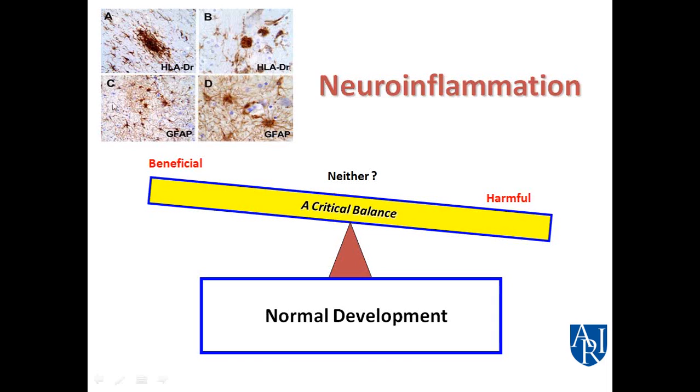So this is a picture of the cells. We found an increase in GFAP, glial fibrillary acidic protein, showing astrocytes increased in autism, as well as microglia stained here with HLA.